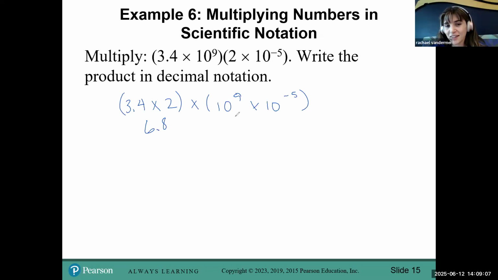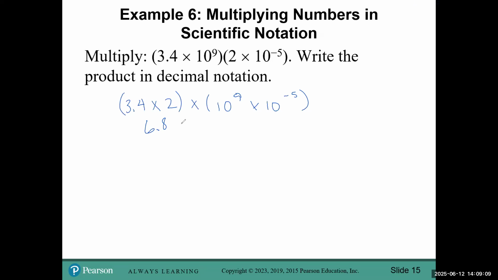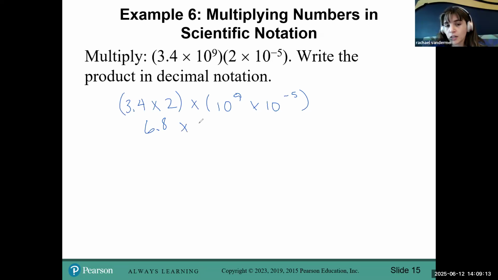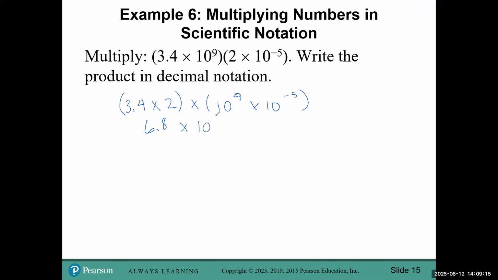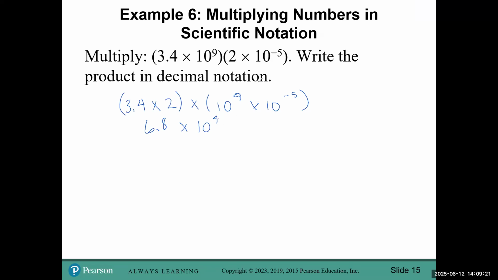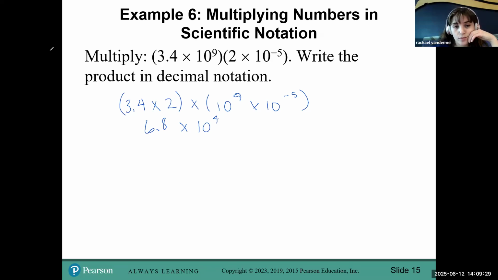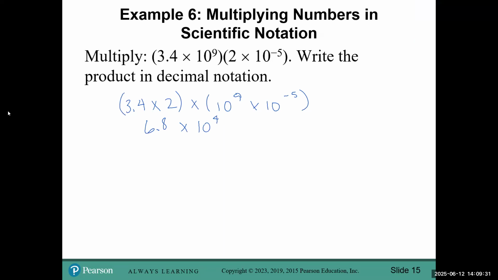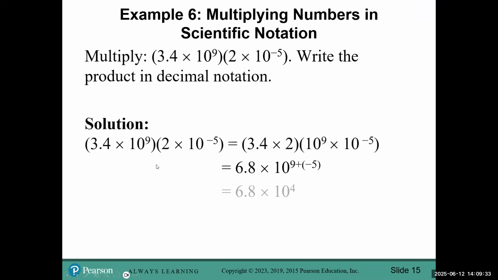And then what property do I use to multiply these two? You add, right? Yes. So that gives me 10 to the 4. Yes, that's right. Exactly. Okay, so that one worked out nice, and this number is in scientific notation because it meets that definition that we have. So I don't really have to do anything else.